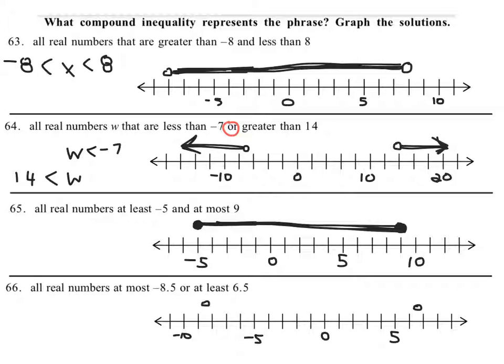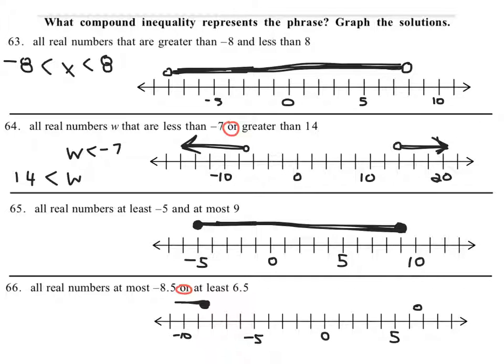Okay? Now let's go down to the endpoint where it says all real numbers at most -8.5. Okay, and notice we've got an or situation here. So this is going to be split, and that gives you an indication that we should probably be shading this side, right? Okay, at most -8.5. So that means that we're saying we can be -8.5, and so we're going to color that in, right?